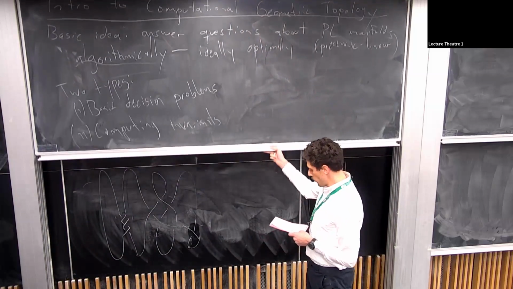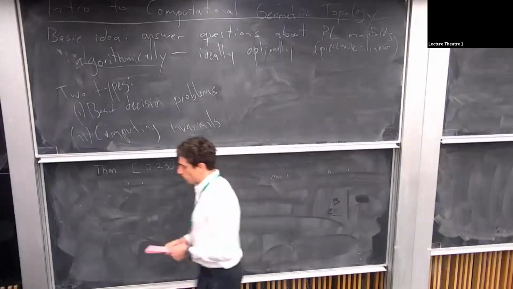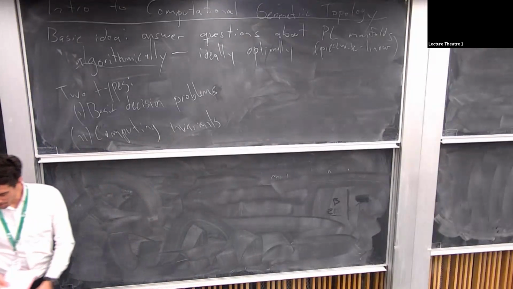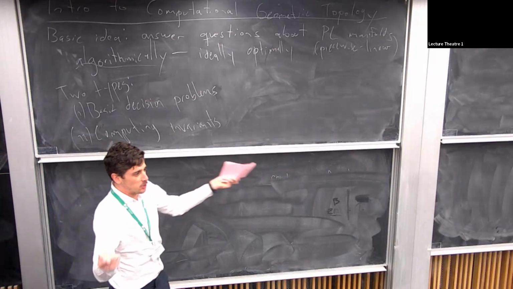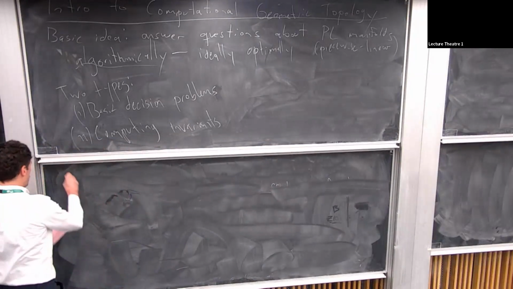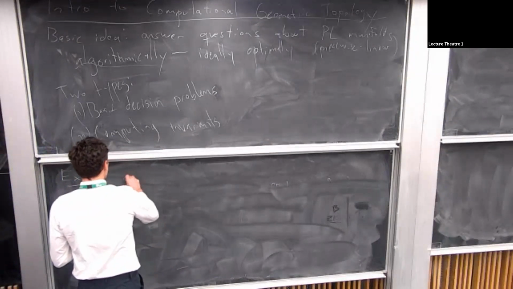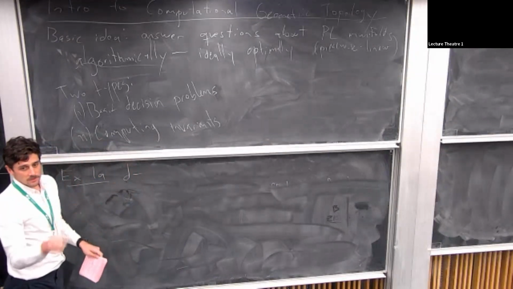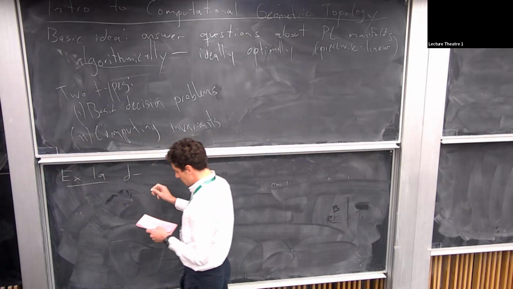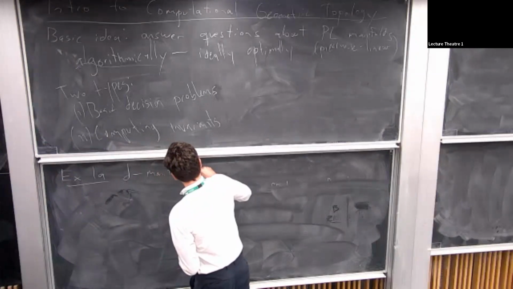So, all right. What's the one question to rule them all? If we're going to study PL manifolds, what do you want to do? You want to know, given two PL manifolds, are they homeomorphic or not? So that's the first one. Example 1A. I'm going to pick a dimension, and we'll just work in a fixed dimension, because the problem gets interesting if we do that. So this is the D-manifold homeomorphism problem.